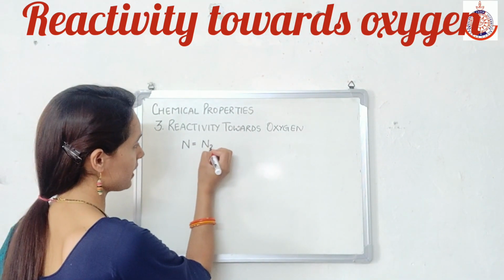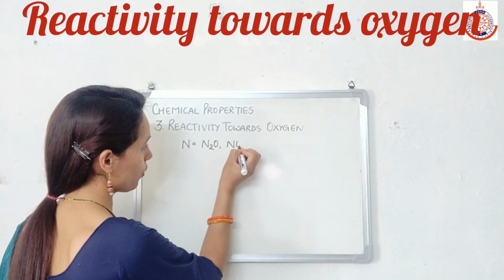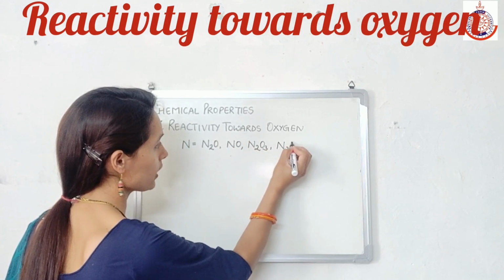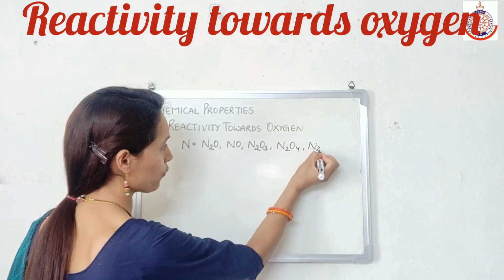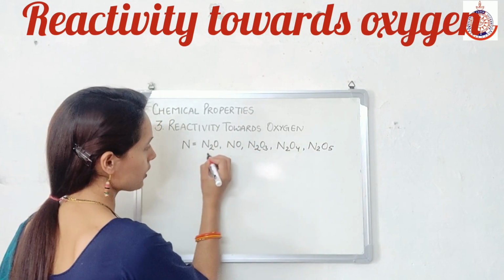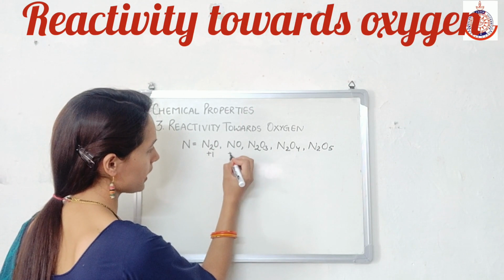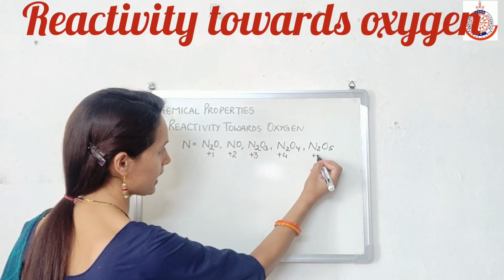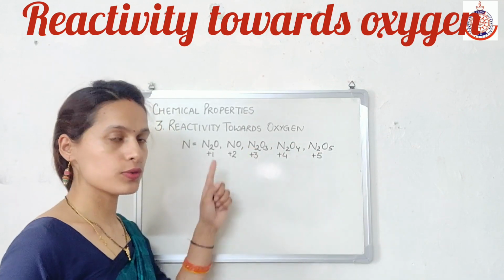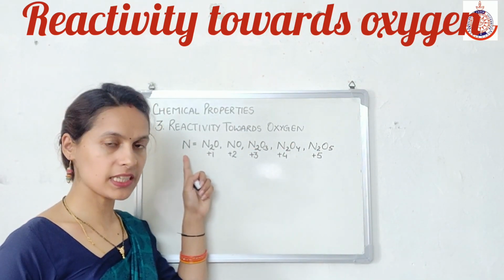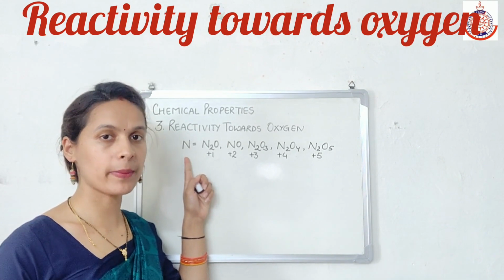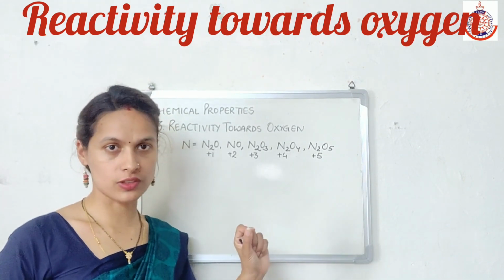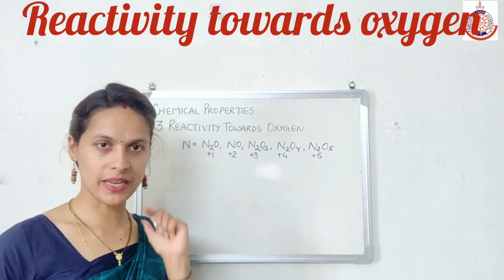These 5 oxides are N2O, NO, N2O3, N2O4 and N2O5. In N2O, the oxidation state is +1, here it is +2, here it is +3, here it is +4 and here it is +5. So because of its electronegativity and tendency to form p-pi bond with oxygen, it forms a number of oxides ranging from +1 to +5.